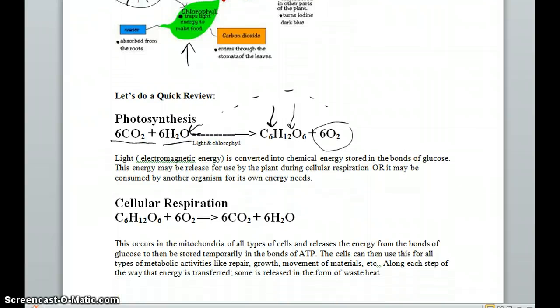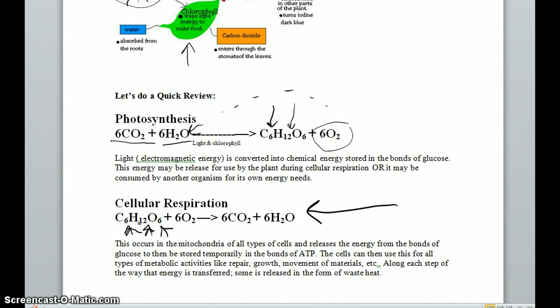So all of us, all living things, are undergoing some form of cellular respiration. It occurs in the mitochondria, that's the little organelle inside the cells, and releases the energy from the bonds of glucose. So it breaks these bonds apart. Those aren't fours, those are supposed to be arrows.